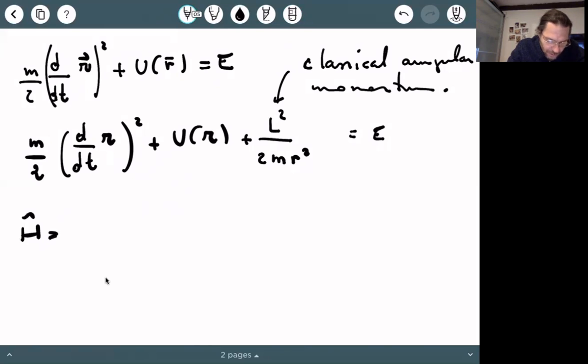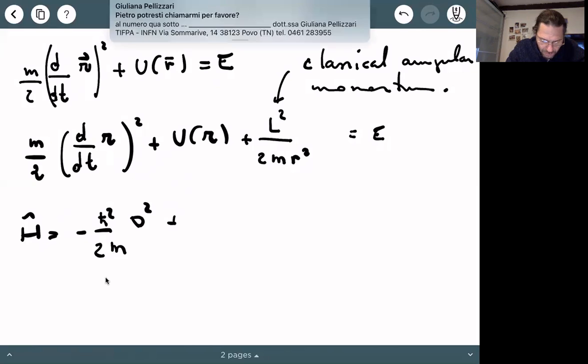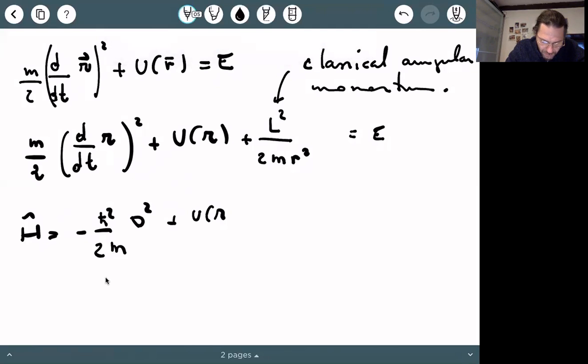A quantum Hamiltonian in general, for a single electron, would be written with the Laplacian in Cartesian coordinates plus a potential, which would be the Coulomb potential. The key observation was basically equivalent to this splitting of kinetic energy into two terms, here and here.